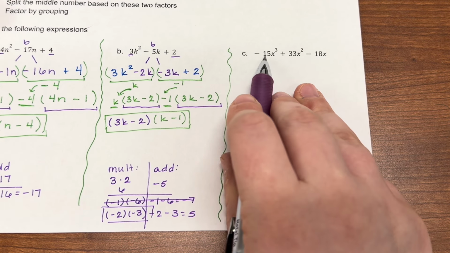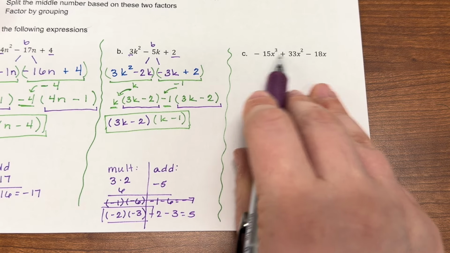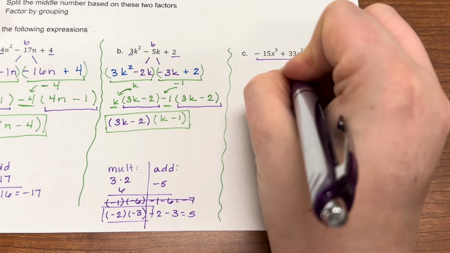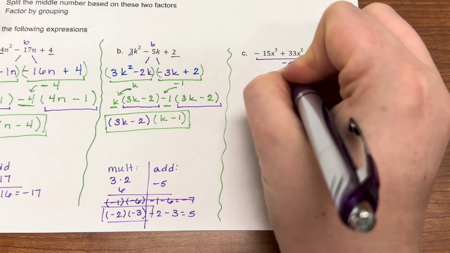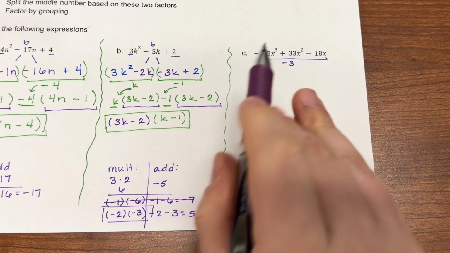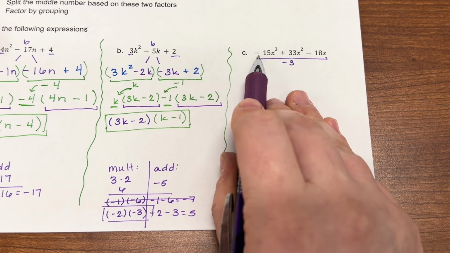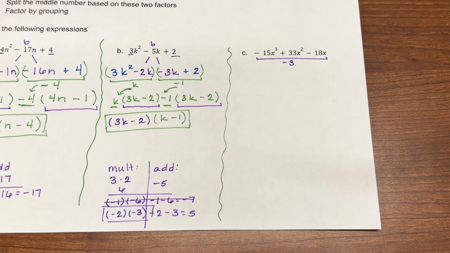And as it turns out, it's the 3. 15, 33, 18 all share a 3. I'm going to make it a -3 because this leading coefficient is negative, and I want it to be positive, so I'm going to pull out that negative.